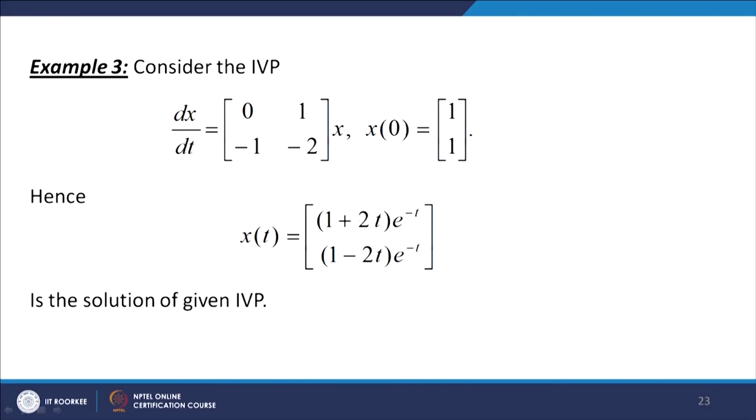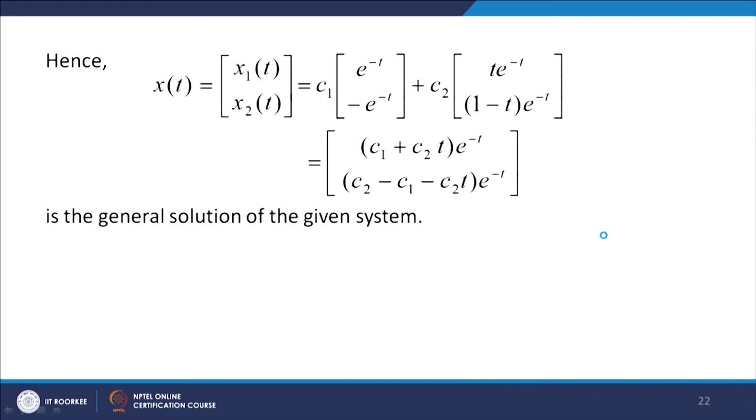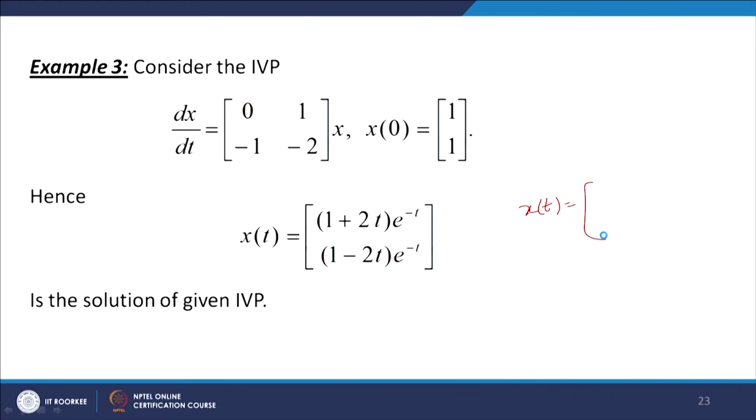So, we have found x(t) equal to (C1 plus C2 t) into e raised to the power minus t, and (C2 minus C1 minus C2 t) into e raised to the power minus t. This is the general solution of the equation x dot equal to Ax.